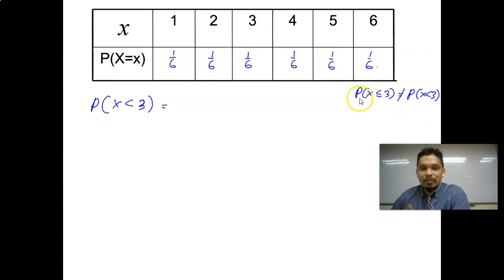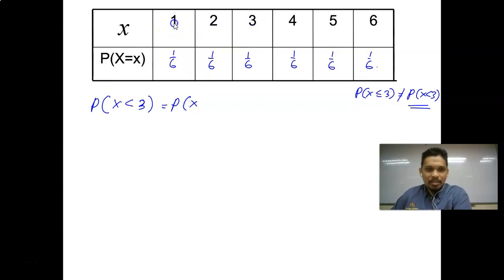Probability of x less than or equal to 3 means the summation of the probabilities beginning from 1 until 2 until 3. But in this case, it is the summation of probabilities of x from 1 until 2 only. 3 is not included.